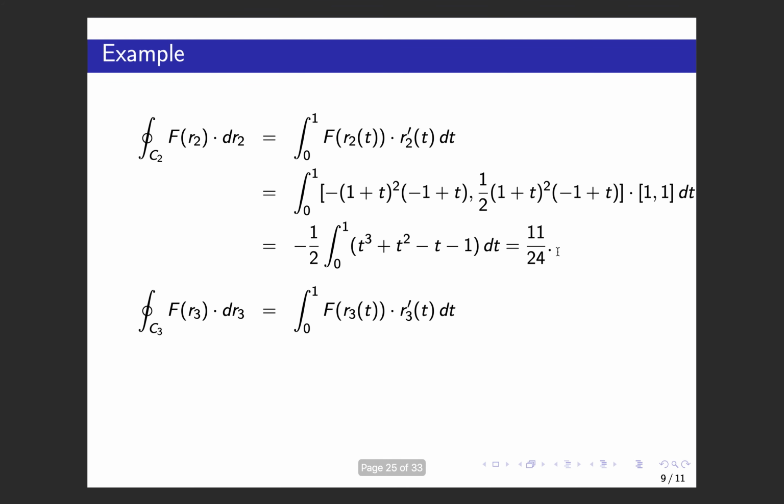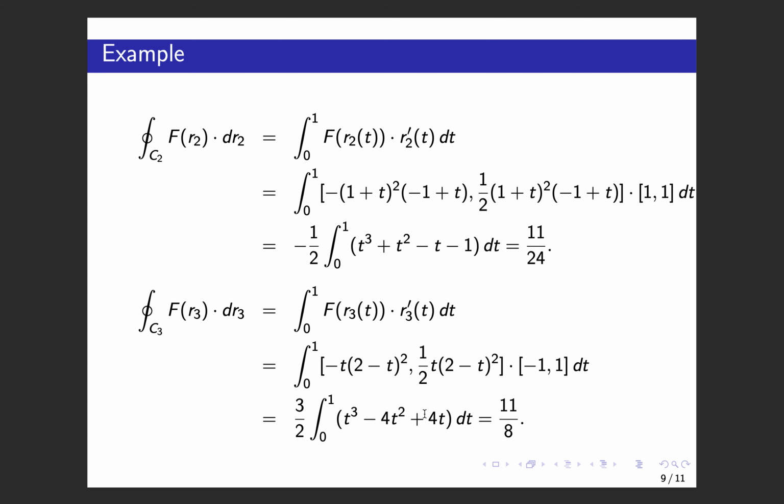Now the same thing for C3: we evaluate f of r3 dot r3 prime of t dt. This is f of r3 of t dot the derivative of r3, which is minus 1, 1.